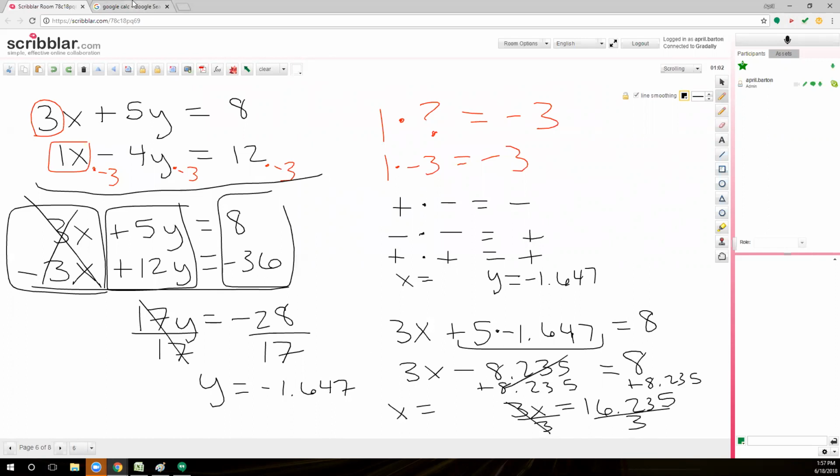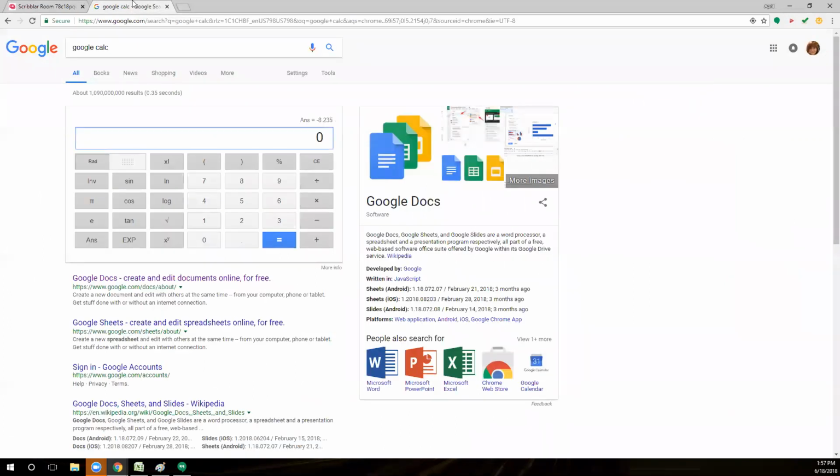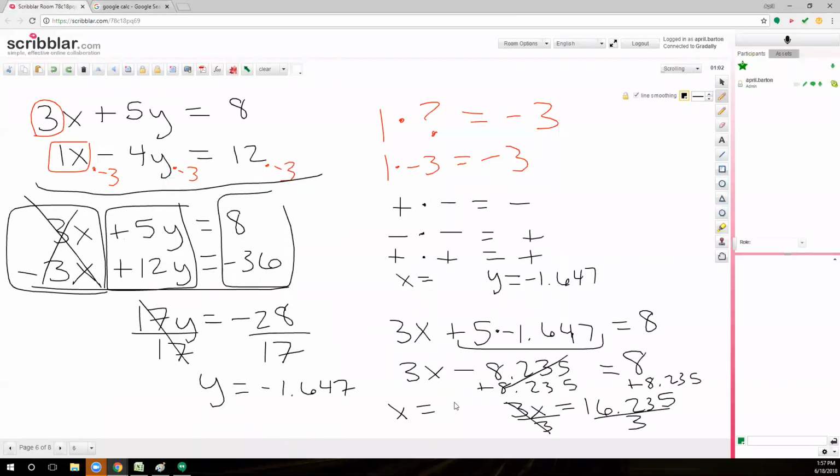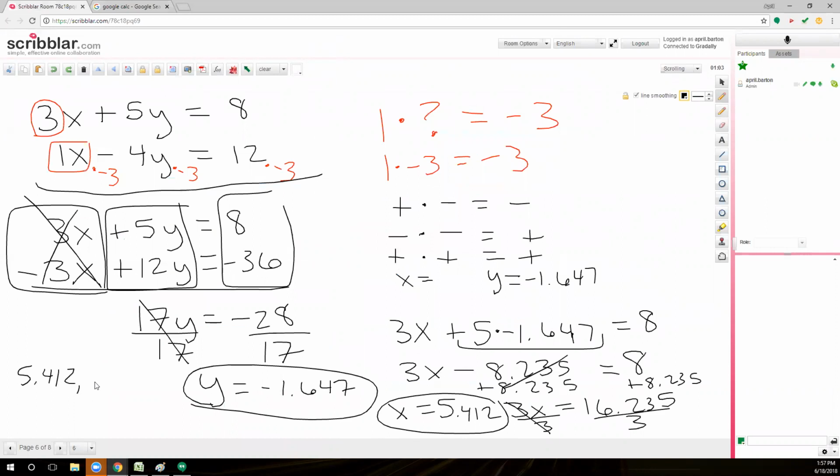And again, I can't do this in my head, so I'm going to have to type it into the calculator. 16.235 divided by 3 is 5.412. So these are our two answers, or you can write it as a coordinate.